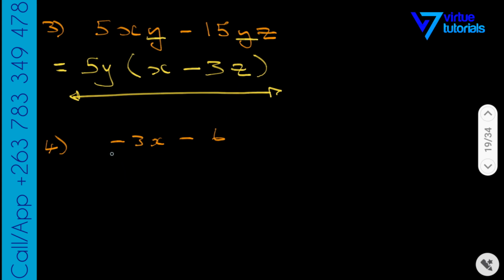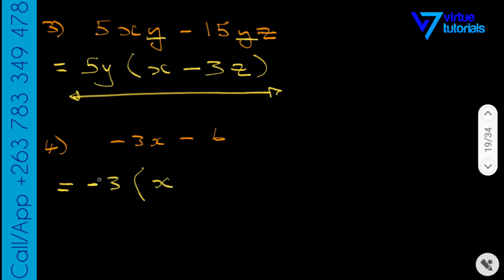The next thing now is minus 3x minus 6. Here, I can actually factor out a minus as well, because there's a minus there and a minus there. So I can factor out the minus. And when I look at the numbers, 3 and 6, my highest common factor there is 3. Now when I divide minus 3x divided by minus 3, I'm left with just an x.